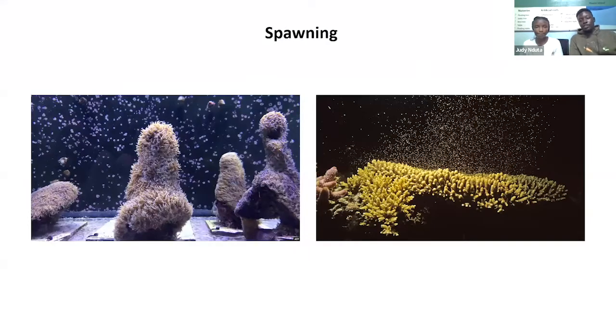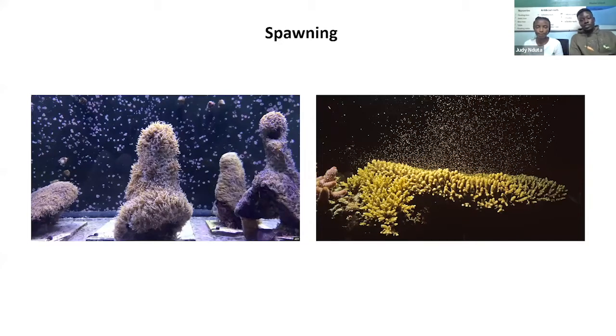Let's talk about sexual reproduction for a bit. And as I previously mentioned, sexual reproduction results in diversified gene pools. The majority of all hard corals are hermaphrodites, while others have separately sexed individuals and, in some cases, entire colonies.